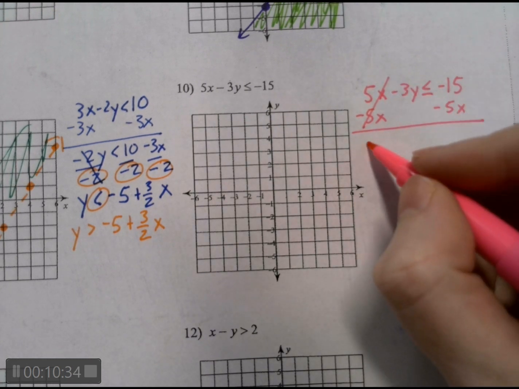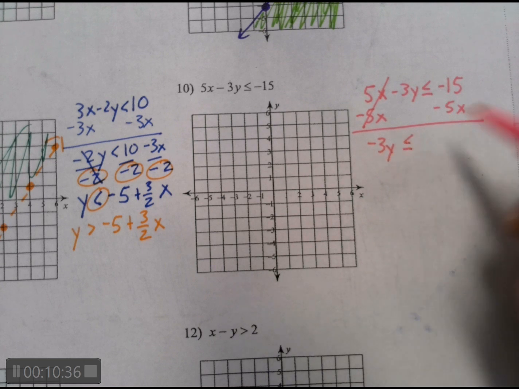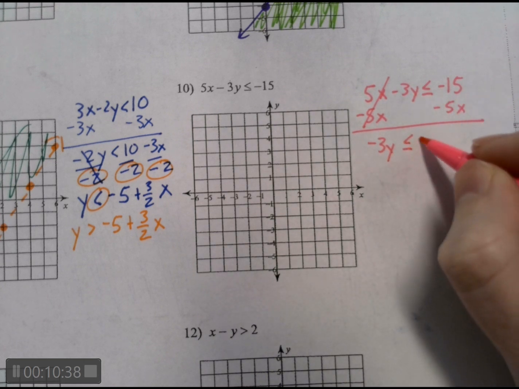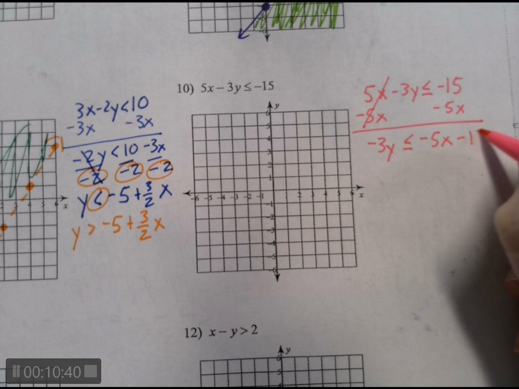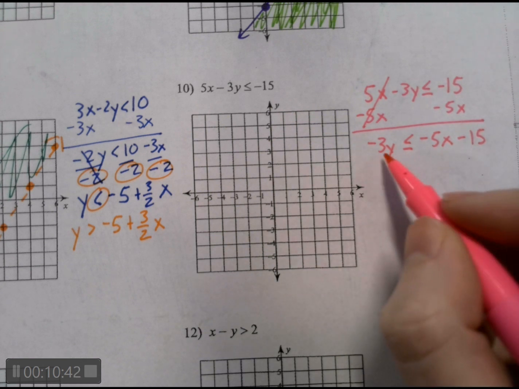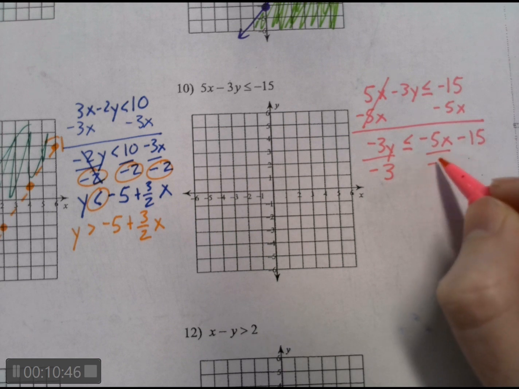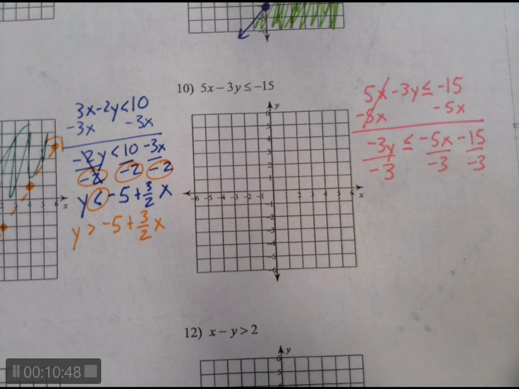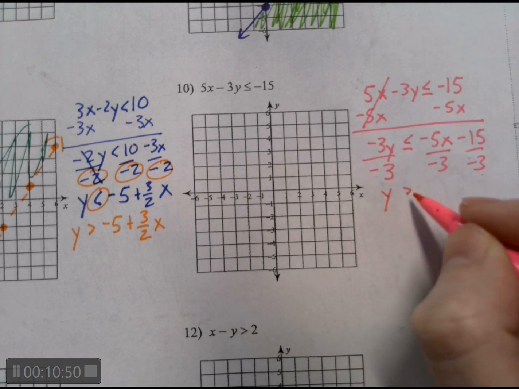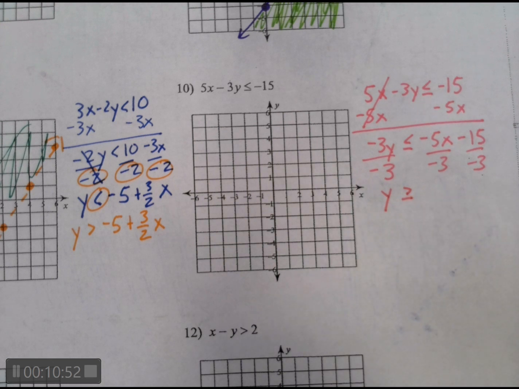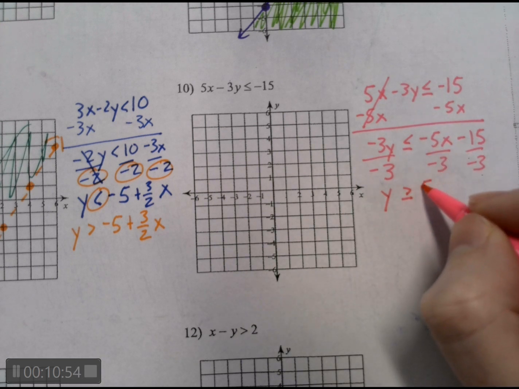Okay, and you get negative 3y is less than or equal to negative 5x minus 15. Divide by a negative 3. So what's going to happen? That's right, my sign is going to flip because we're dividing by a negative.